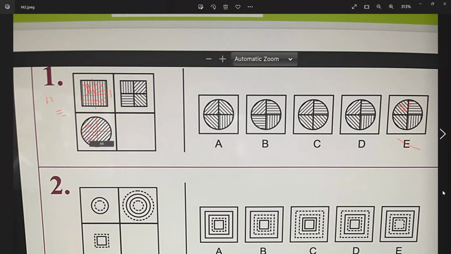So eliminate B. The next side would be rotated to look like straight horizontal lines, so eliminate A. And then, of course, the bottom would be the opposite, so vertical lines. And here they're still diagonals, so eliminate C. I think the answer is D.